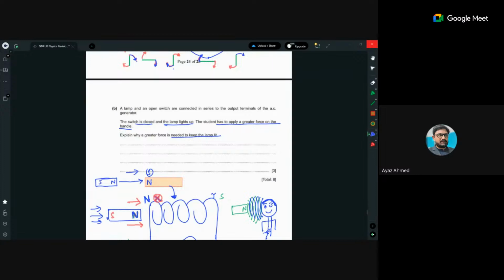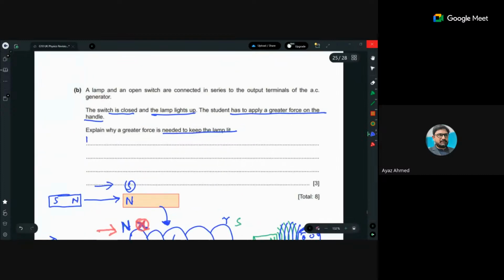So I will write in this way that due to induced current, the motion of the coil is opposed according to Lenz's law. You are not supposed to write again the detail that magnetic field lines are cut and EMF is induced.